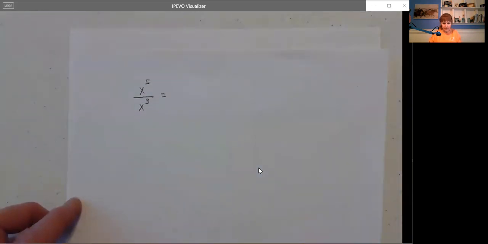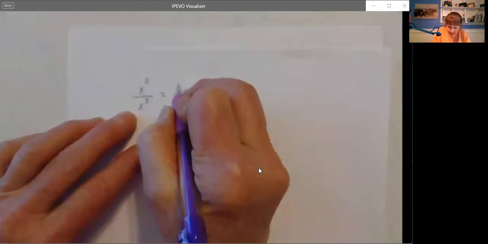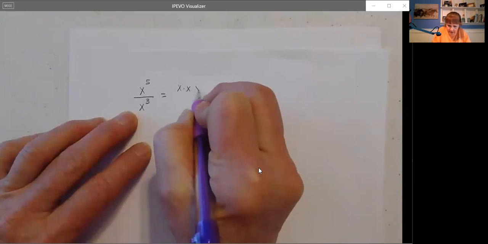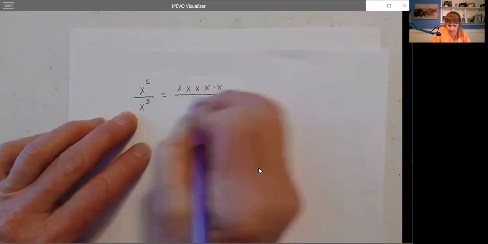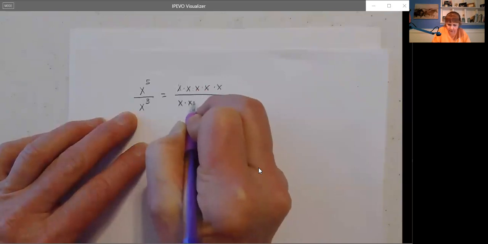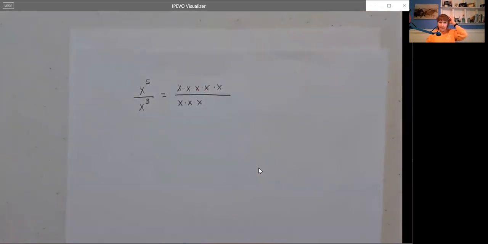Well, here, x to the fifth means x times x times x times x times x. Over x cubed means x times x times x.